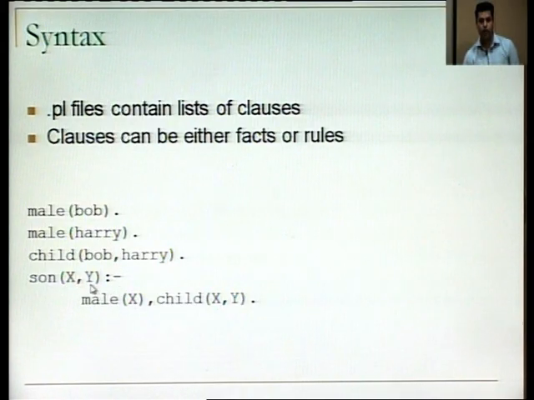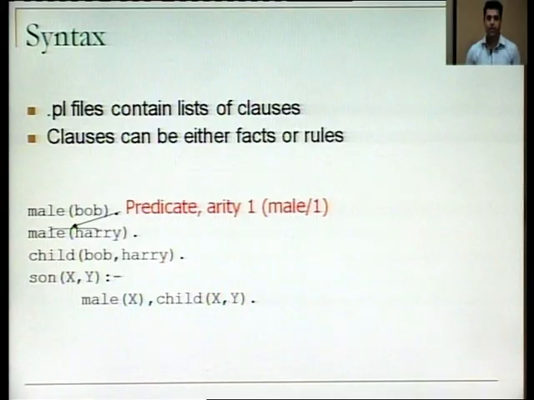X is a son of Y if X is a male, where the if is to be read as a rule, and it is to be interpreted as and X is a child of Y. Let us again do it. This is known as a fact or a predicate with arity 1, which means there is only one argument.